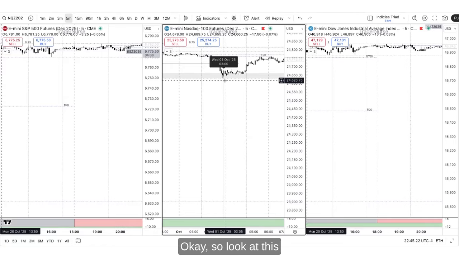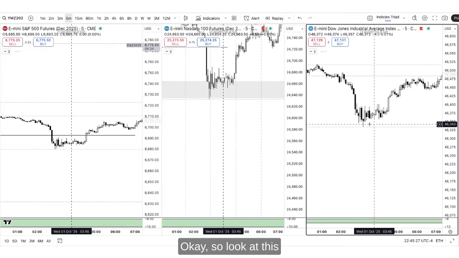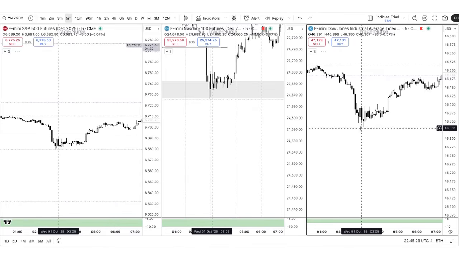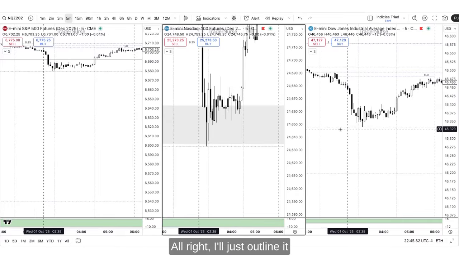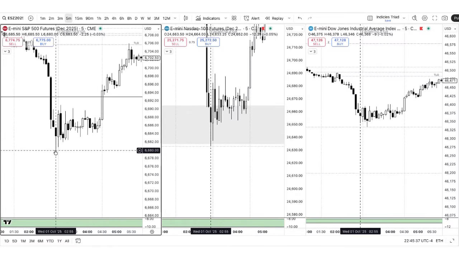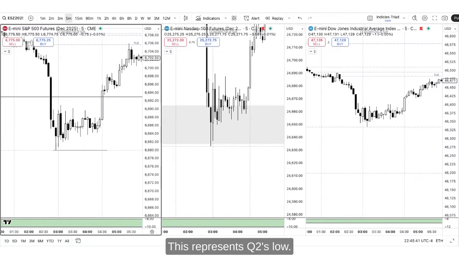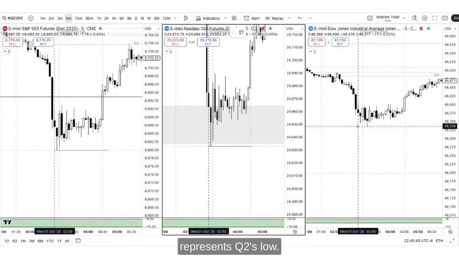Okay, so look at this small sequential SMT, and it's happened inside this gap here. All right, I'll just outline it for you here. So this low represents Q2's low. Okay, this represents Q2's low, and this low here represents Q2's low.